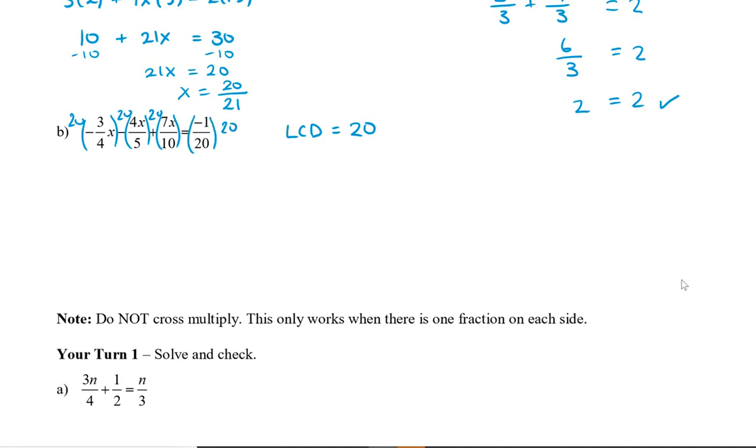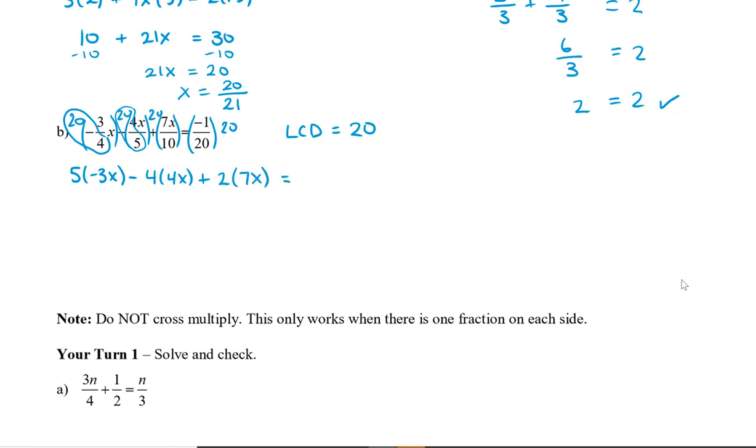So 20 divided by 4. We can take our LCD and divide by our denominator. 20 divided by 4 is 5. So I have 5 times negative 3x. And then we have minus 20 divided by 5, which is 4, so we have 4 and 4x, plus 20 divided by 10 is 2 and 7x.